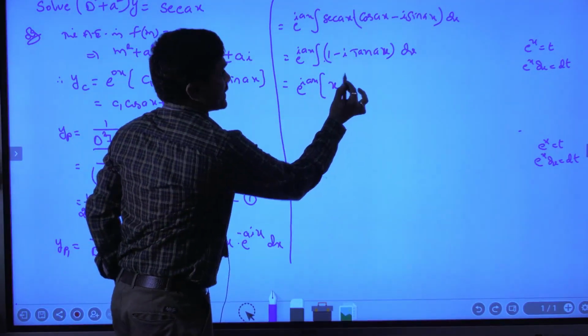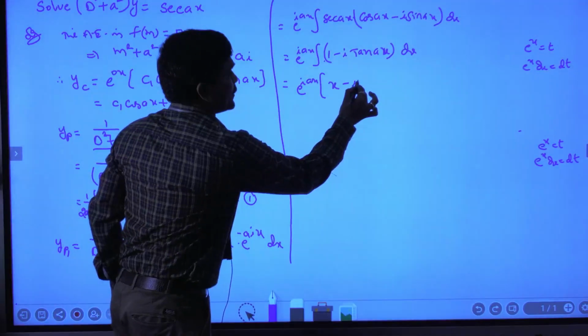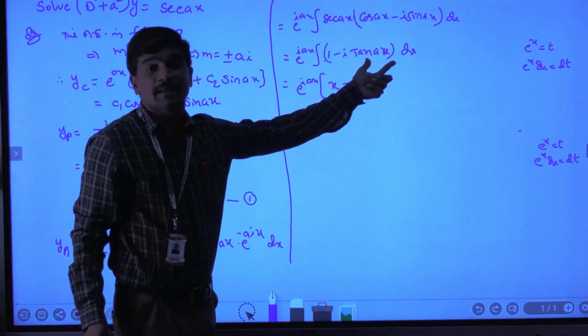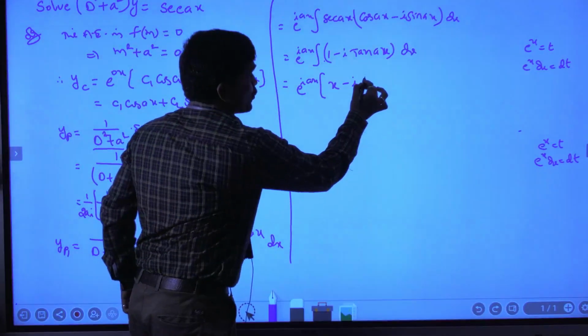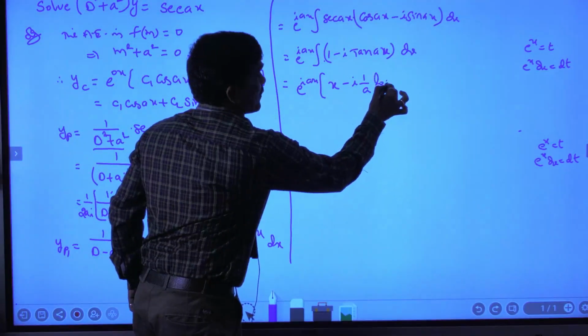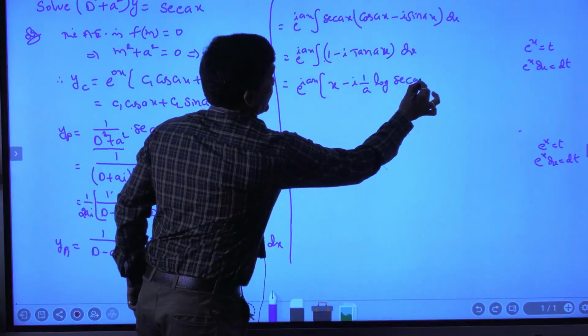Integral dx is x, and integration of tan ax is 1 by a logarithm of secant ax.